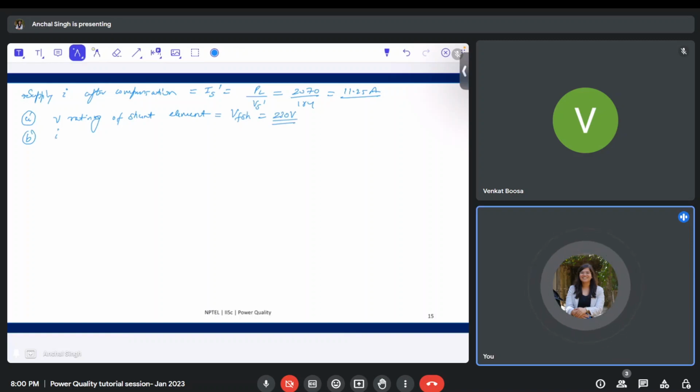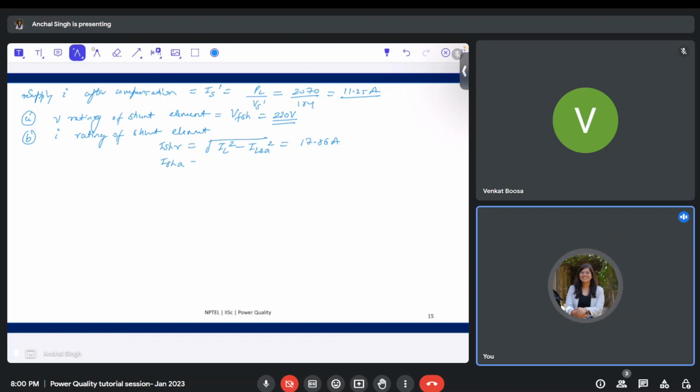Now, in order to calculate the current rating of the shunt element, we know that it has two components. I shunt reactive component will be equal to square root of I load square minus IL1S square, which will give me 17.86 amperes.